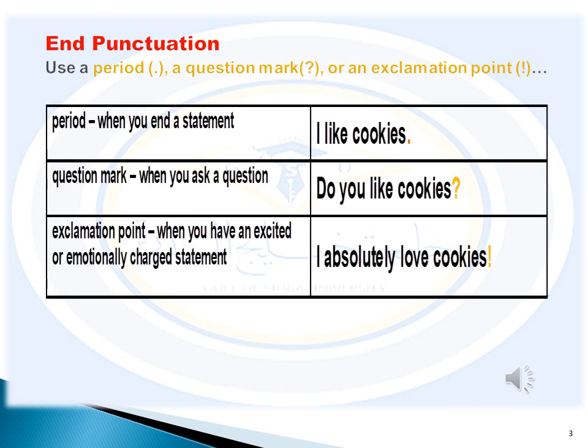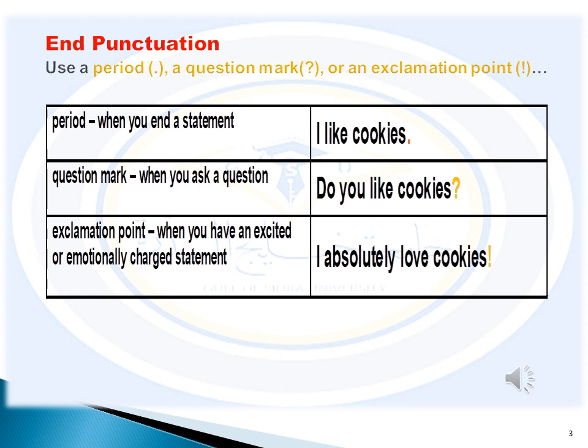We'll start first with the end punctuation. Here we have the period and question mark and also exclamation mark or exclamation point. The first point is about the period. We call it also a full stop.